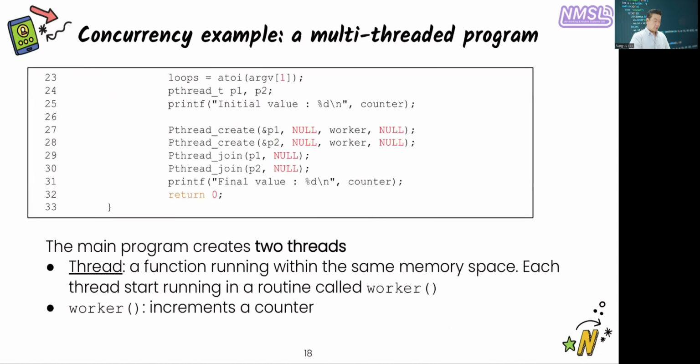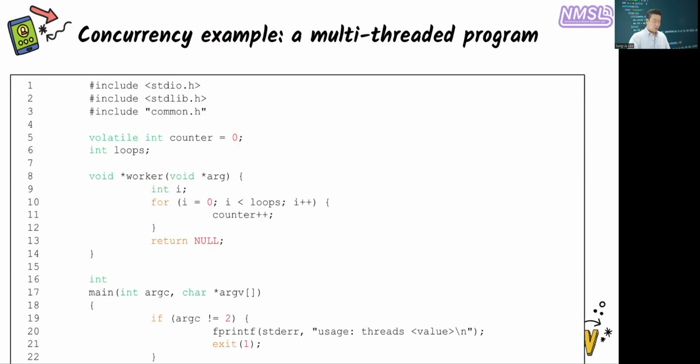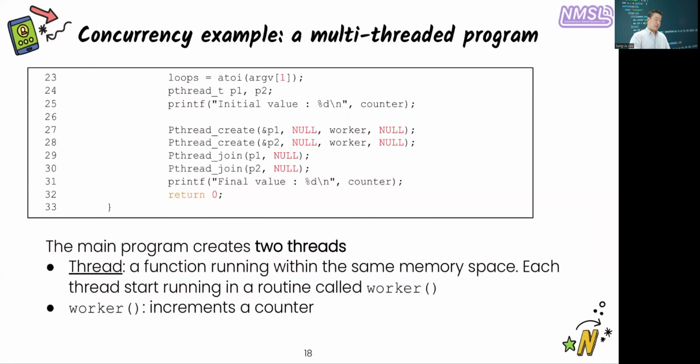This is a little long, so it actually goes over. If you don't understand threads and all that, it's okay, because we're going to deep dive into this in the second half of the semester. But right now, what we need to understand is the program creates two threads.